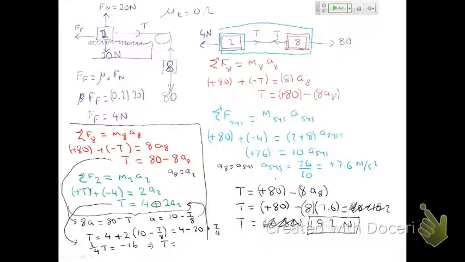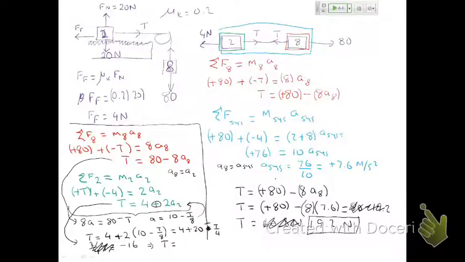Bad teacher. So I said 4 plus 2A, and my A, we said, was 10 minus T over 8. So this is 4 plus 20 minus T over 4, because 2 times that is T over 4. And okay, I'm feeling a bit more comfortable now.